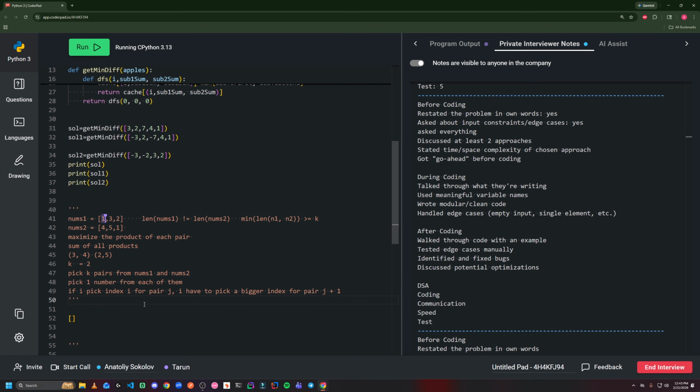When I consider number one, I have three options: 1 4, 1 5, 1 1. Based upon the previous number one... So what is the length of nums1 and nums2? You can assume it fits in an integer and is a decent size, so it can be pretty big.